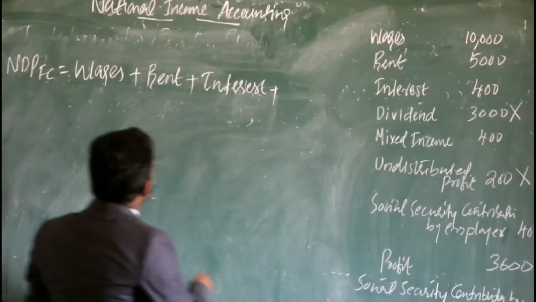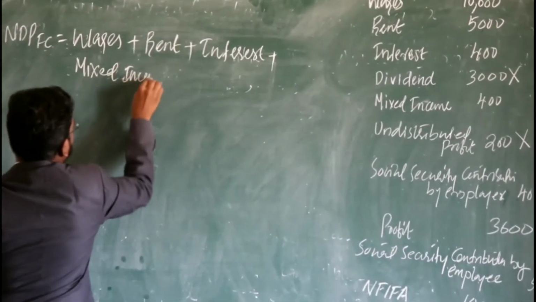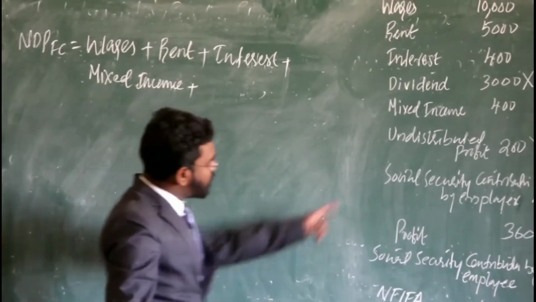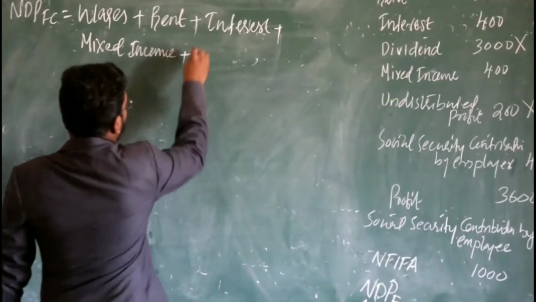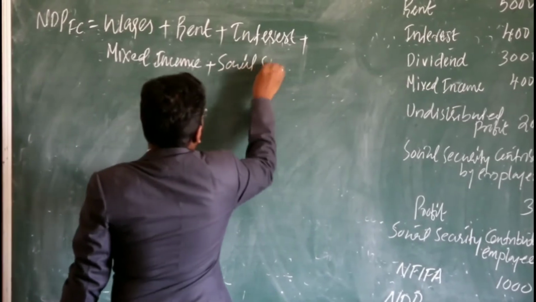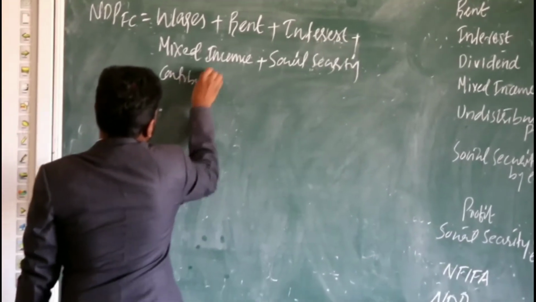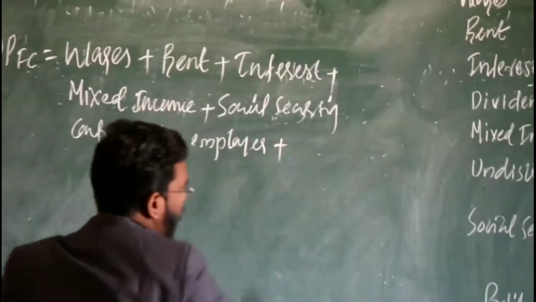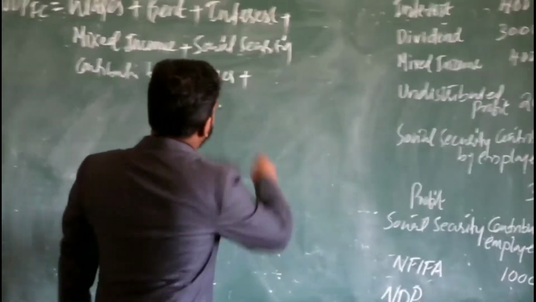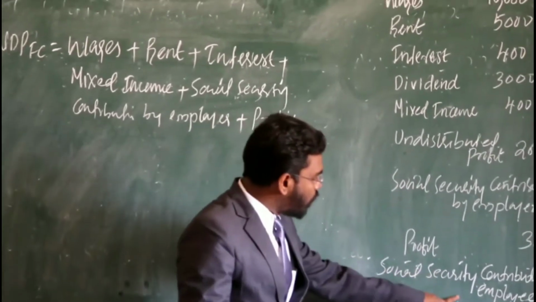Next, mixed income, plus undistributed profit will not be included. Then social security contribution by employer plus profit. Then this one is also not included.